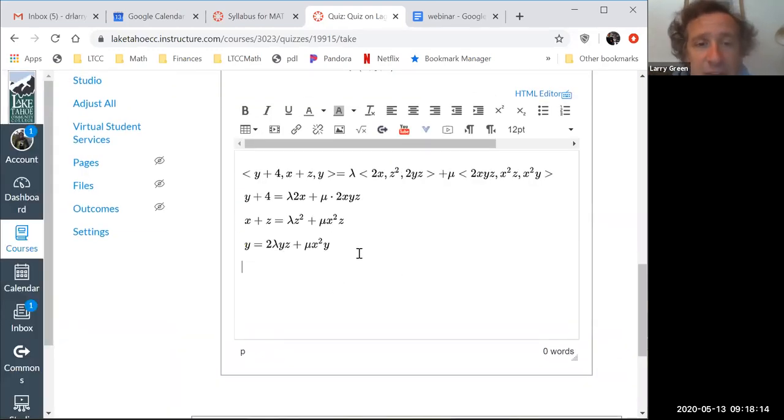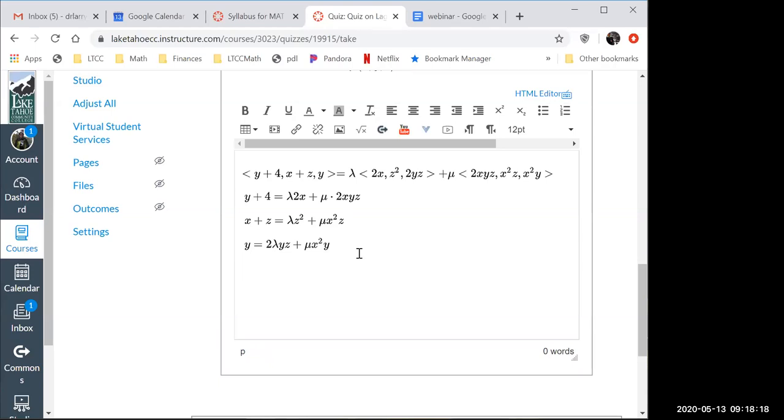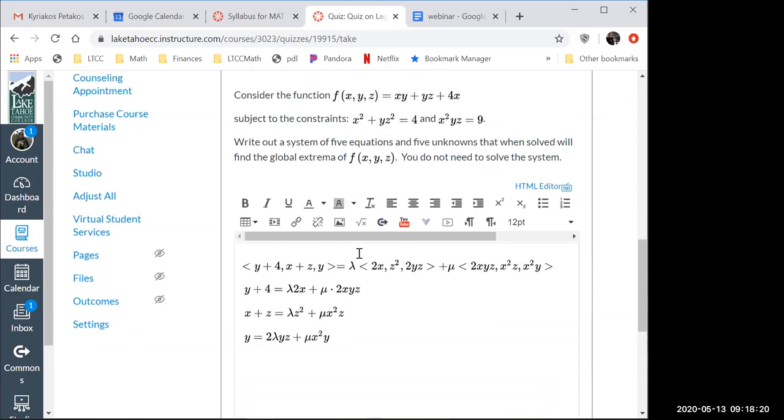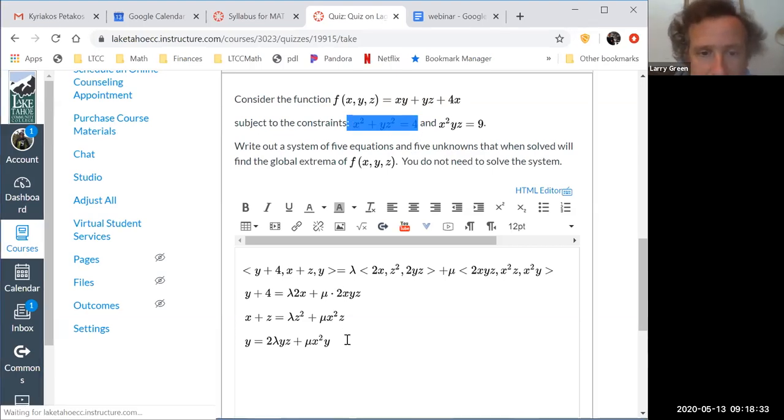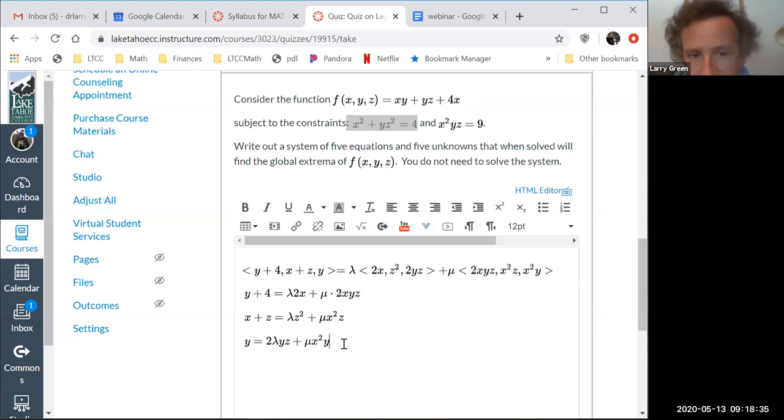How do I get the other two equations? The hint is they're the easiest ones. They're the given equations. And in fact, one of the nice things about the quiz is that I can just copy and paste them, so I don't have to retype it.